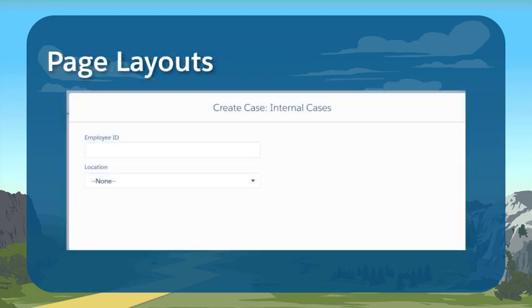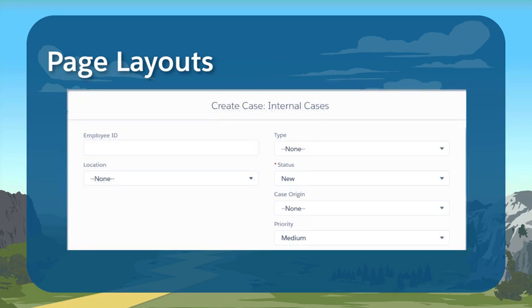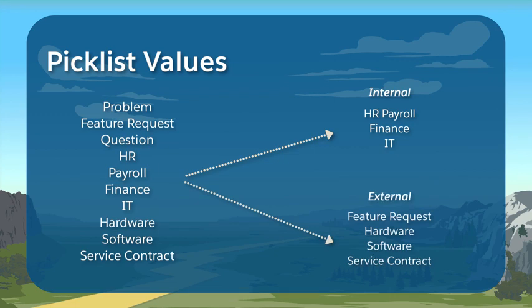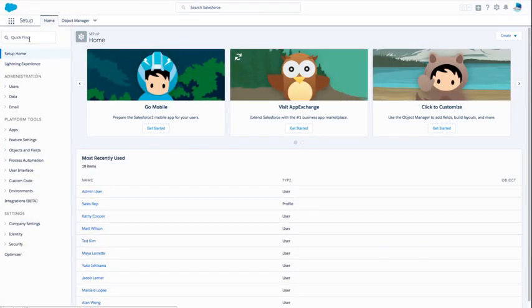Page layouts let you select and organize groups of fields related to an object. Pick list values are the lists of choices that you define when you create a pick list field. You define a master list with all possible choices and use record types to display a subset, depending on the situation. Let's take a look at this in the app.